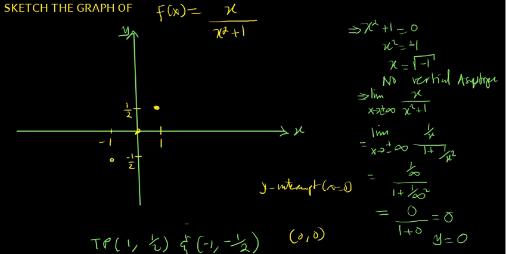As we go towards infinity, whether negative or positive infinity, we see that y is approaching 0. So as we are going towards very big numbers, very small values of x, it is approaching 0.